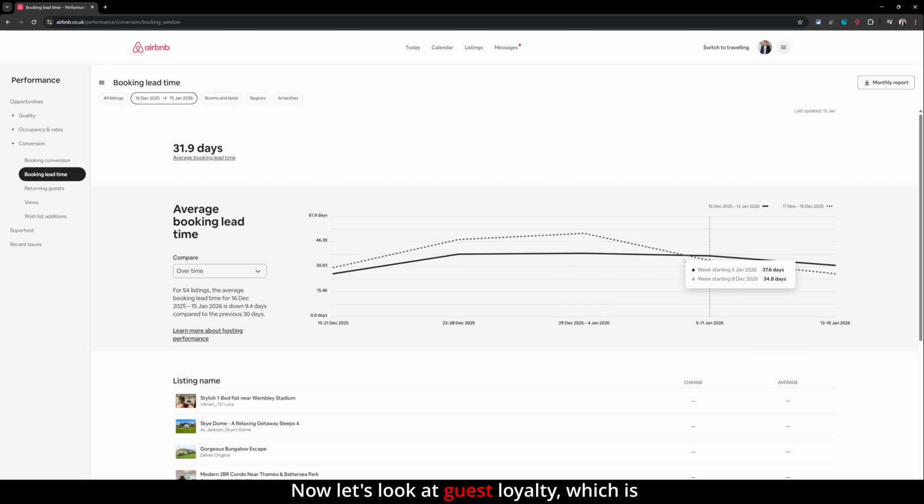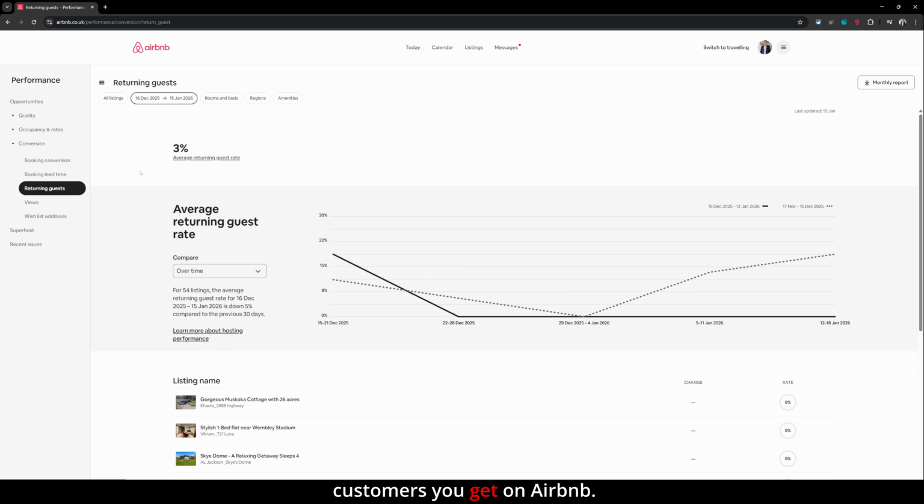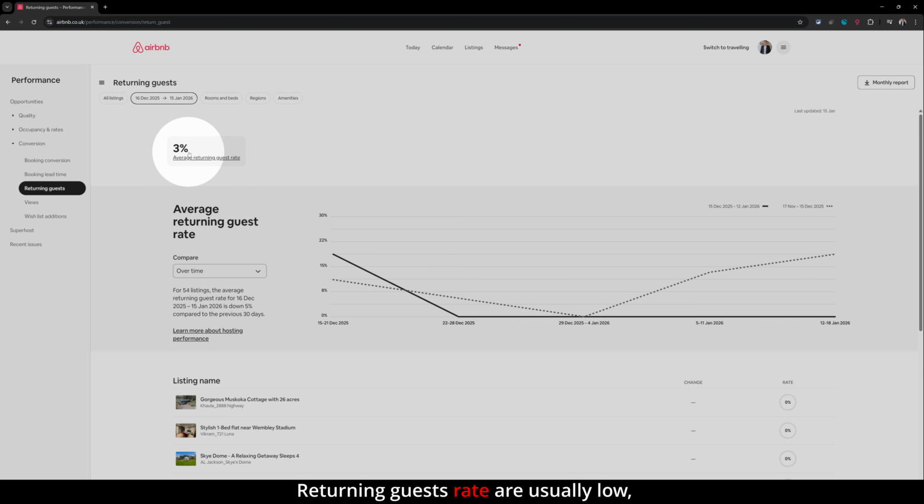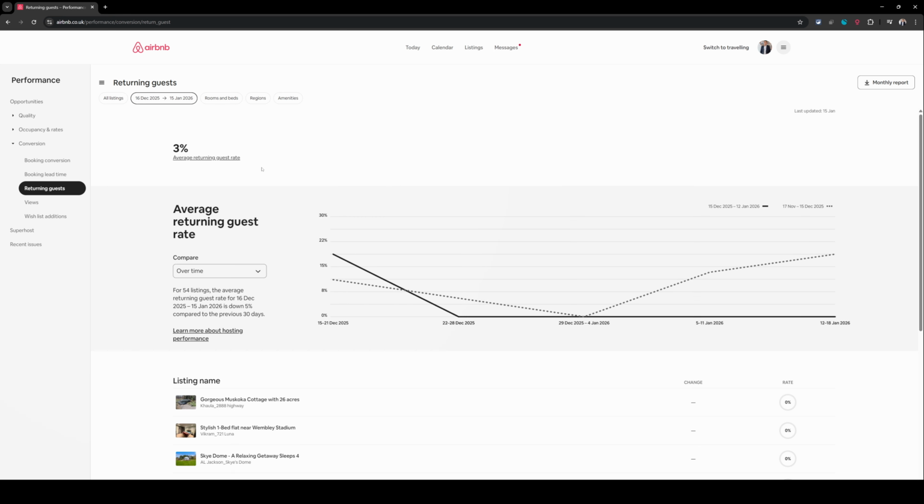Now, let's look at guest loyalty, which is the returning guests screen. This shows the repeat customers you get. On Airbnb, returning guest rates are usually low, especially for short-term stays, because Airbnb shows them hundreds of other options every time they log in. But this metric is more about experience quality than revenue optimization.